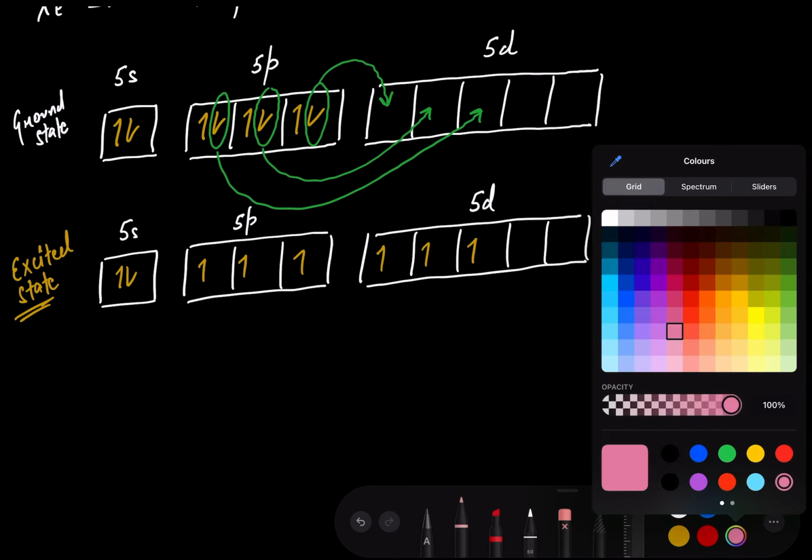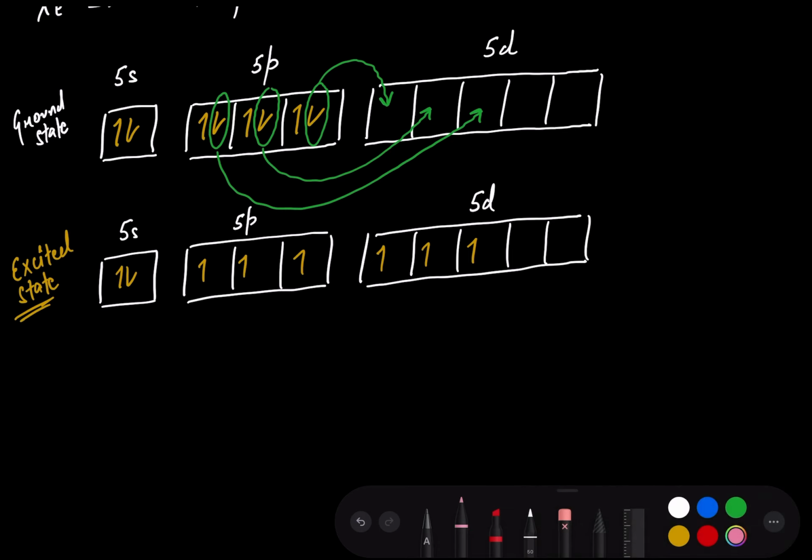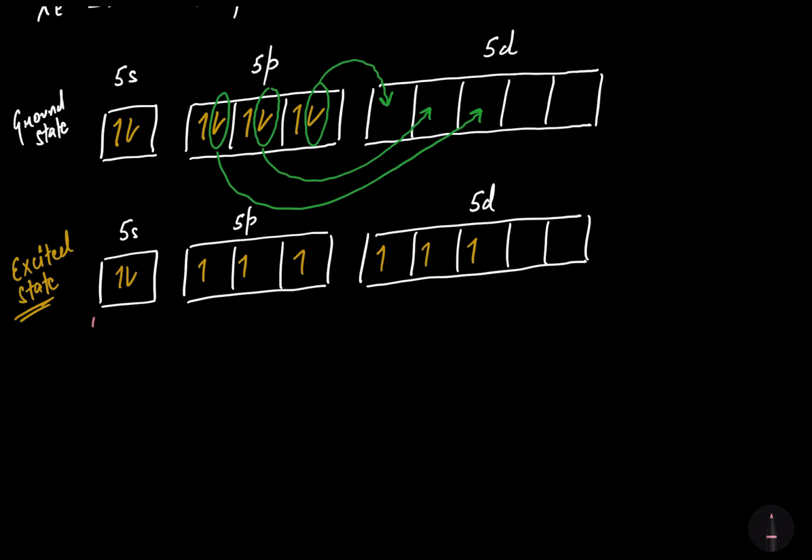In the hybridization process, I will take 5 atomic orbitals that are having one electron, and one orbital from 5s which is having 2 electrons, that will be considered as the lone pair. So one atomic orbital from the 5s having 2 electrons, and 5 atomic orbitals, 3 from the 5p and 2 from the 5d, so that I can have 5 atomic orbitals having one electron which can form the 5 sigma bonds.